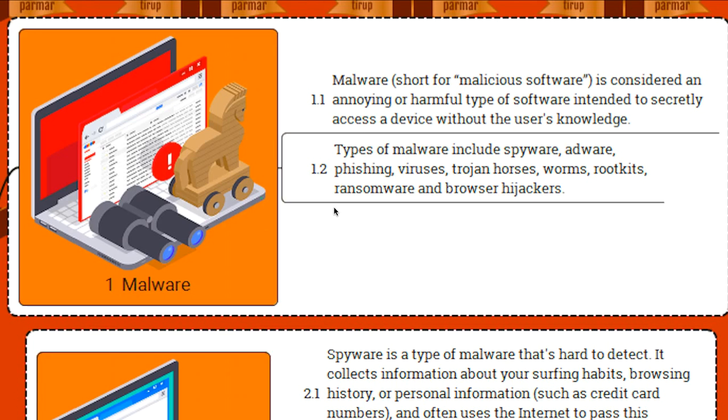As I have given here, malware is short for malicious software, considered an annoying or harmful type of software intended to secretly access a device without the user's knowledge. Types of malware include spyware, adware, phishing, viruses, Trojan horse, worms, rootkits, ransomware, and browser hijackers. We are going to discuss each and every one of these in detail.